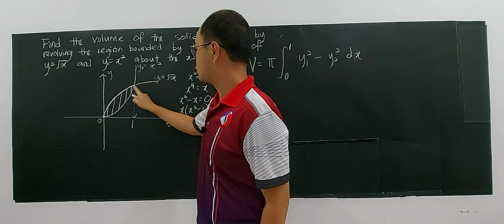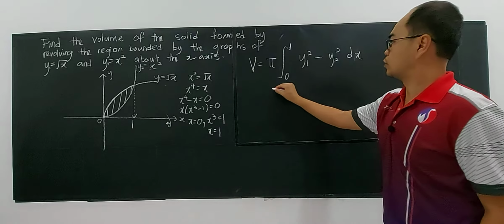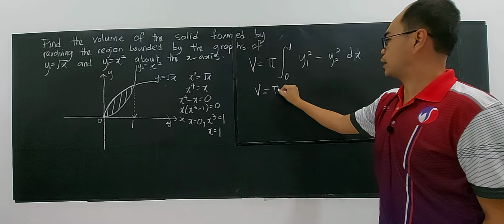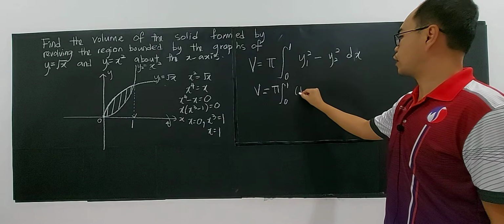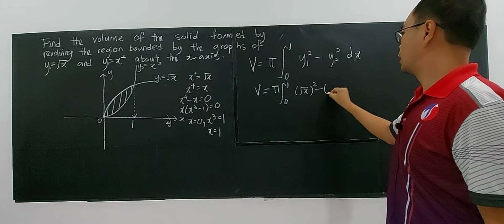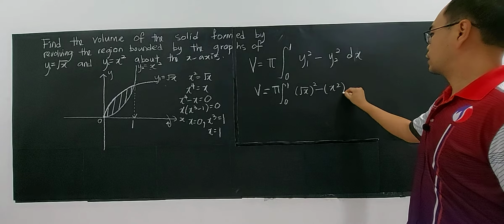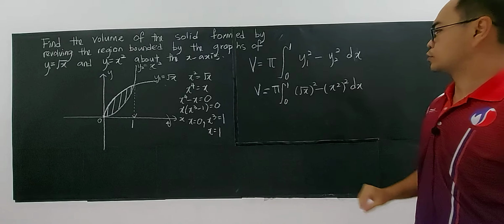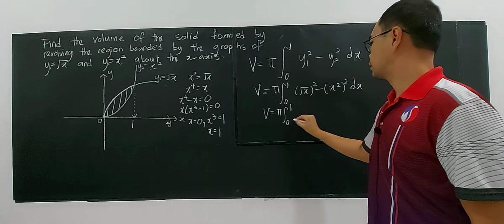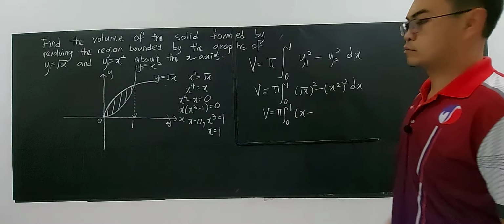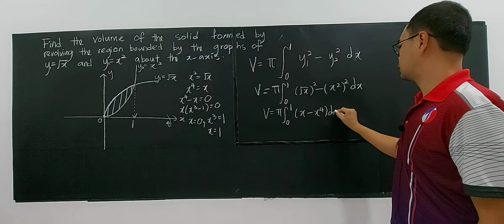So pi from 0 to 1, y1 will be square root of x to the power of 2, y2 is x squared, and squared again. Then we integrate this, and we will get the volume that we want. So this will become x minus x to the power 4 dx.